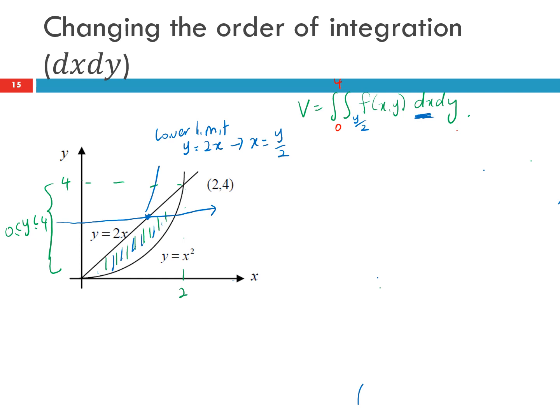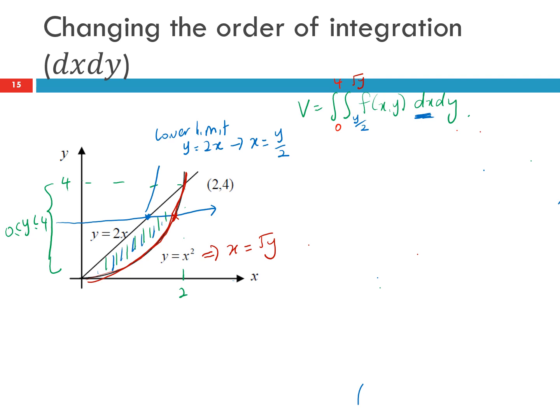Now let's look at the upper limit here. This is the maximum, or the largest value. It comes from the curve here, which is y equal to x squared. So we need to rearrange so that you can have x equal to square root of y. So x equal to square root of y becomes the upper limit of integration.